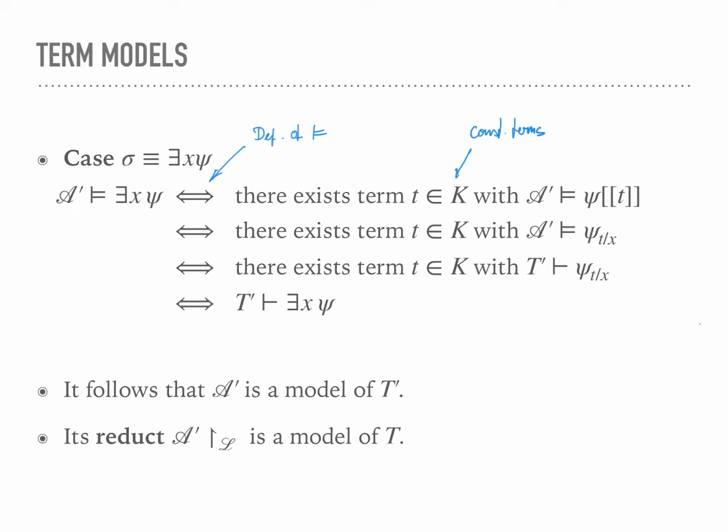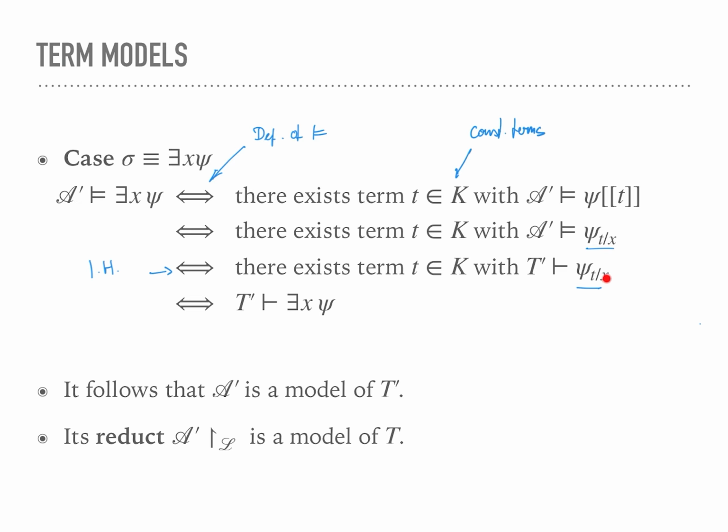Okay. Now, again, we are in a situation where the height is reduced. So now we can use the inductive hypothesis to obtain the equivalence that this holds if and only if there exists a constant term such that t prime proves this sentence, where t is substituted for x.